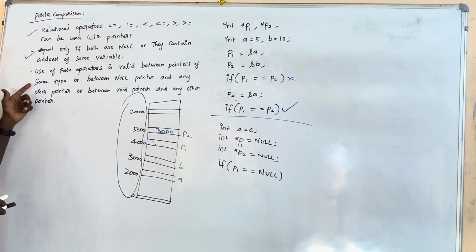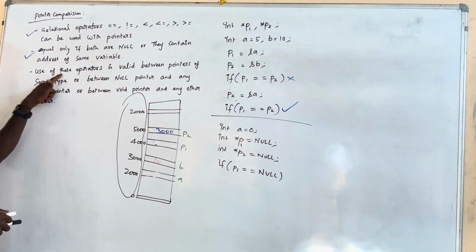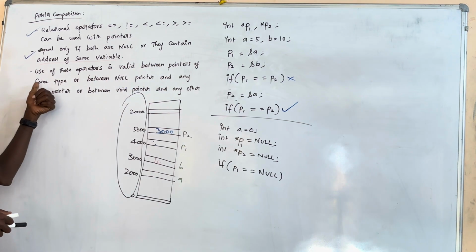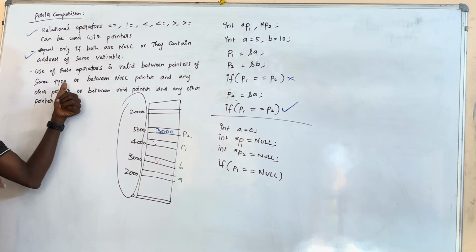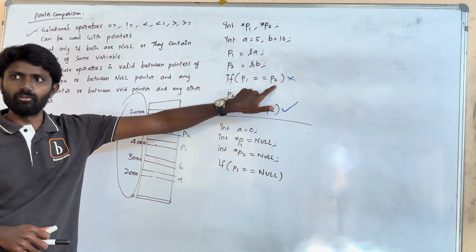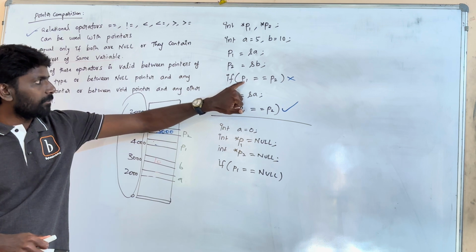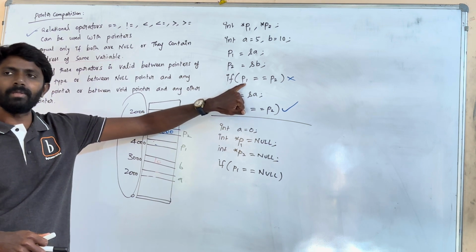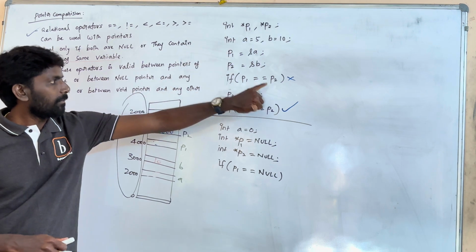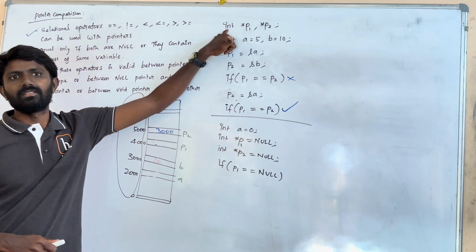And coming to the last point, use of these operators is valid between pointers of the same type. See, if you are using p1 equal to p2, what is the data type of p1? p1 is an integer, so p2 also should be integer.